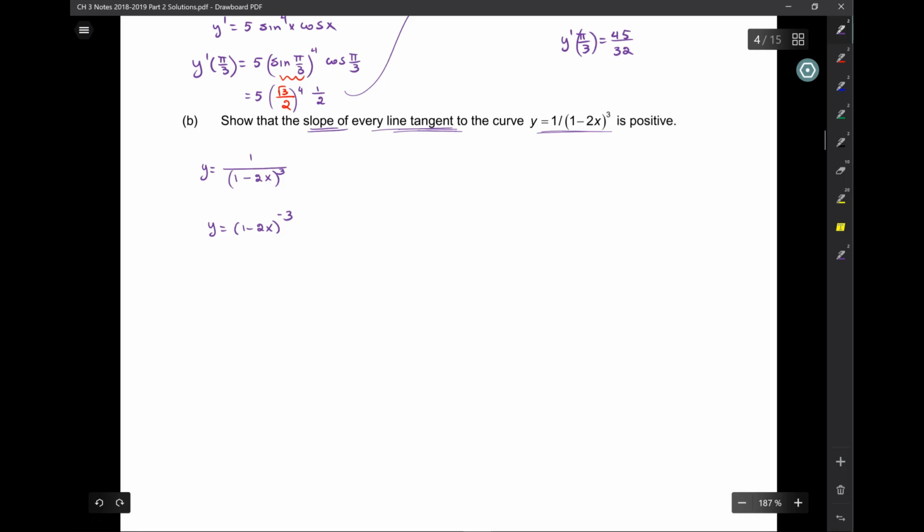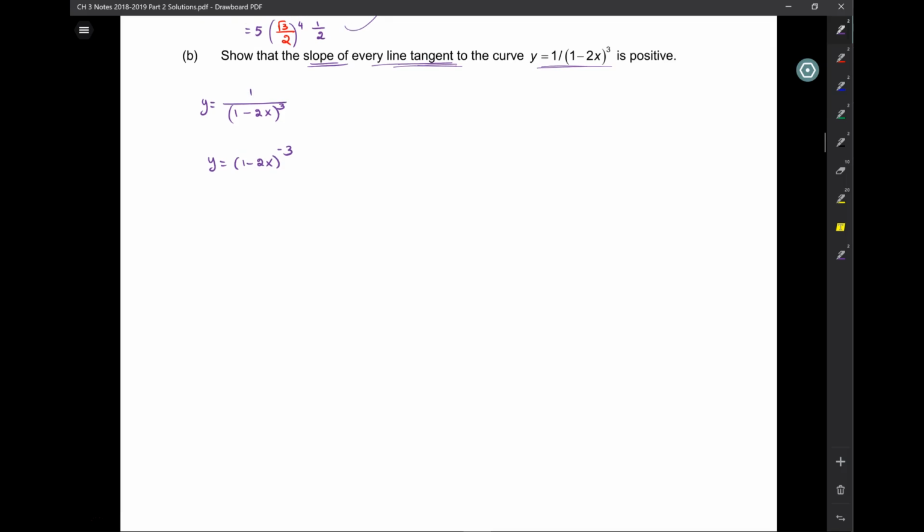And now it's your basic chain rule problem. So y prime is negative 3, 1 minus 2x to the negative 4, times negative 2. So altogether, this is positive 6 over 1 minus 2x to the power of 4.